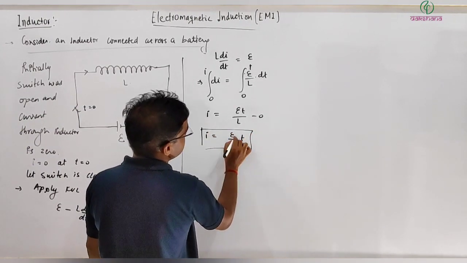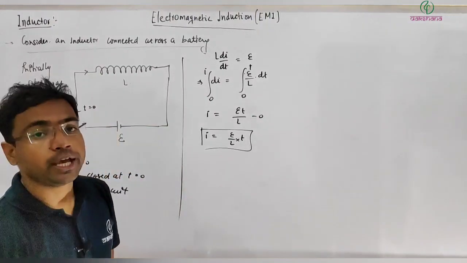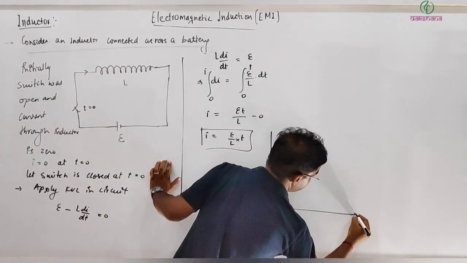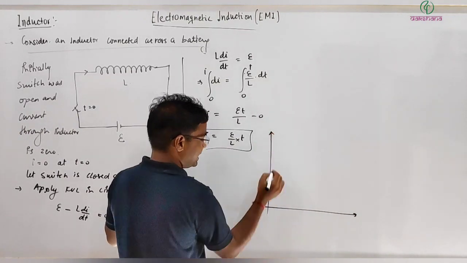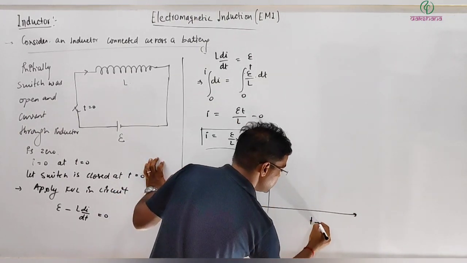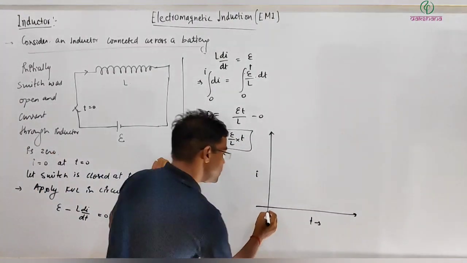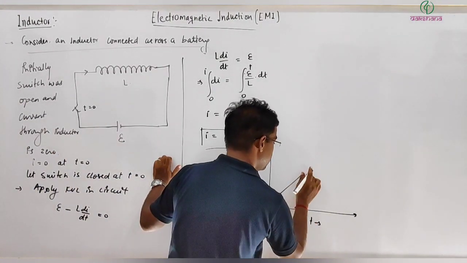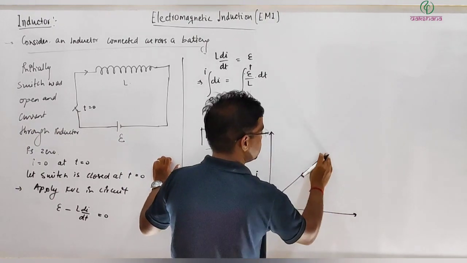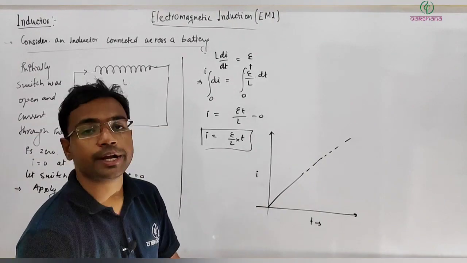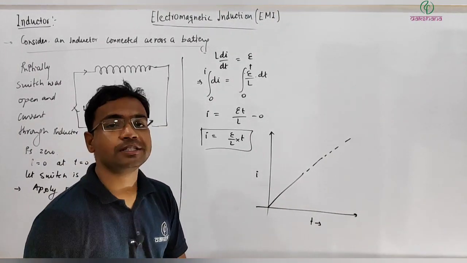So we can see this is how the current across an inductor is varying. If I plot its curve, this is I versus t, you can see this is a straight line graph passing through the origin. So this is the variation of current across the inductor as a function of time.